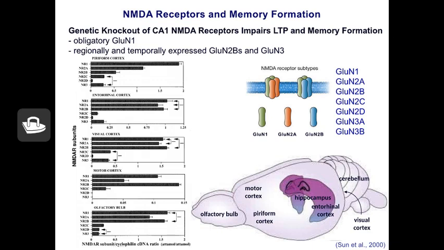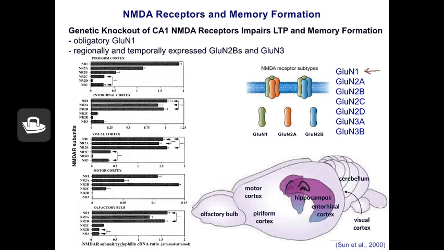And I think I previously told you that the GluN1 homodimer is obligatory. So I think I told you, but just in case I didn't, I'm going to tell you again. The GluN1 dimer is obligatory. You cannot construct an NMDA receptor without one GluN1 homodimer. But the other subunits vary.